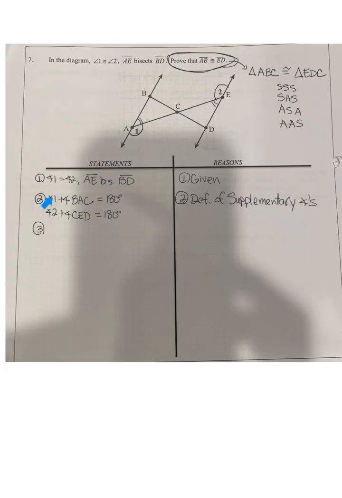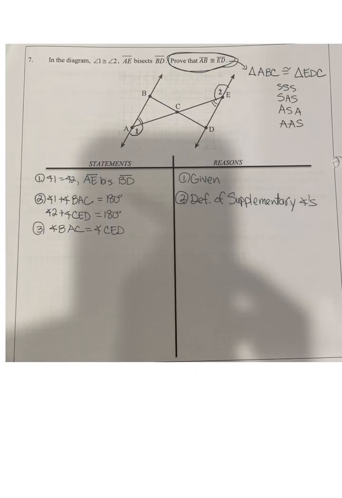If this was 40 degrees, this would have to be 140 because 40 plus 140 equals 180, right? So then if this is 40 degrees, this would also have to be 140, right? Okay, so what we do then is we can cut to the chase here and we can say angle BAC equals angle CED.